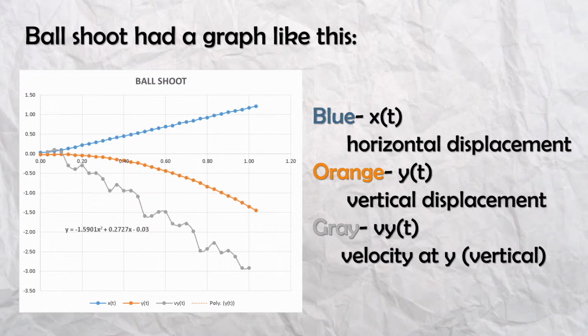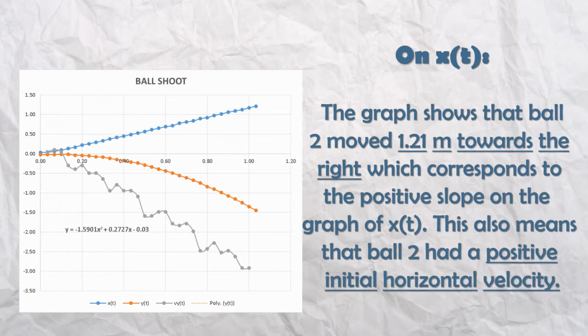The blue line corresponds to the horizontal displacement, the orange line corresponds to the vertical displacement, and the gray line corresponds to the velocity at y. The graph shows that ball 2 moved 1.21 meters towards the right, which corresponds to the positive slope on the graph of x of t.